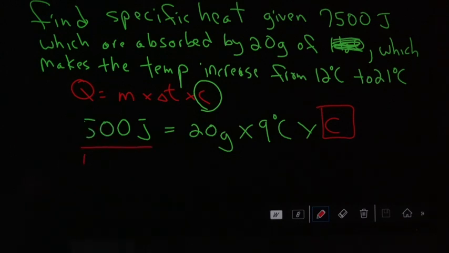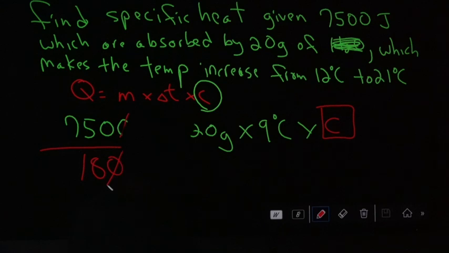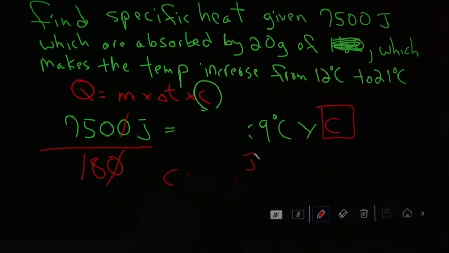We put 180 underneath here. You can knock off that 0, and it would be 750 divided by 18. And that's 42. So the specific heat of this is 42 joules per gram, and this time we did it in degrees C.